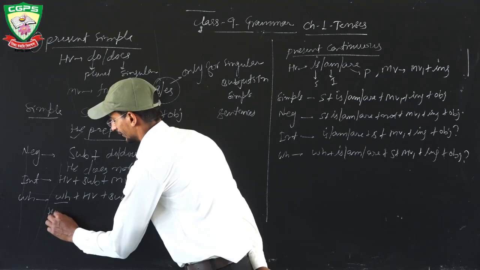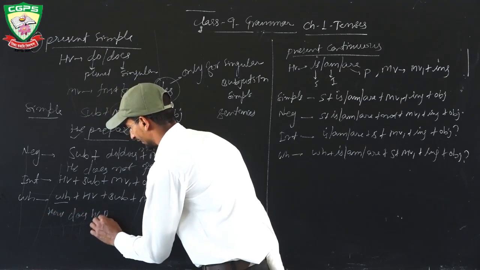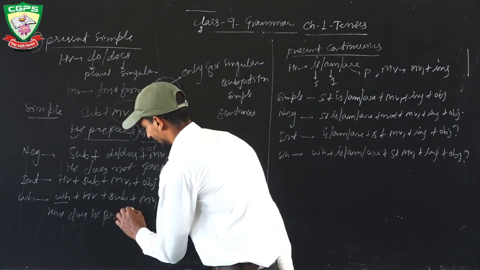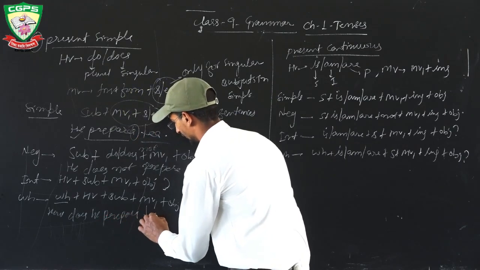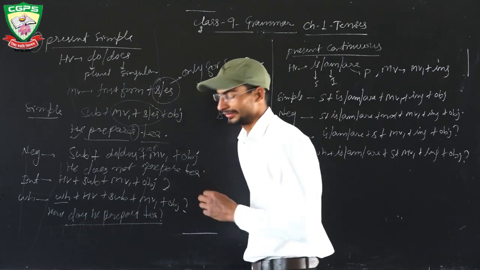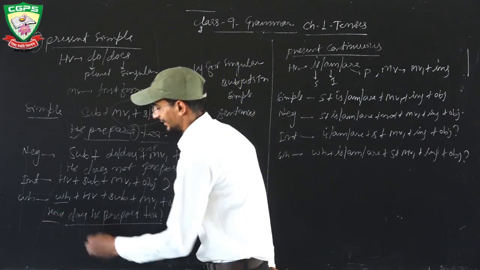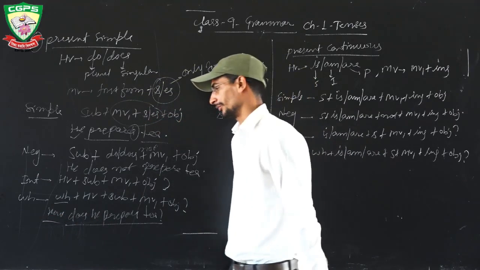How means कैसे. So how does he prepare tea? That is interrogative and WH word type. So here the sentence is interrogative: Does he prepare tea? When we add WH word at the starting, that will change to WH word type sentence.